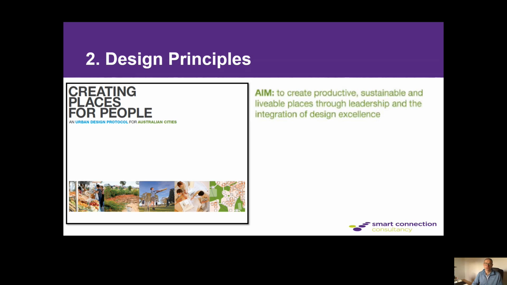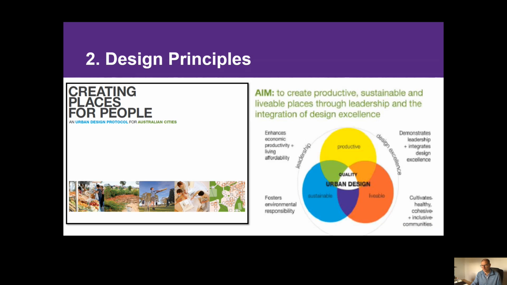So we're looking at and using the urban design protocols for Australian cities. And the aim is to create productive, sustainable and livable places through good leadership, and we're committed to doing that through the way we design and how we work with local governments and sport to make sure that what's designed, what's used is practical, is functional, but encourages more people within cities to be active.